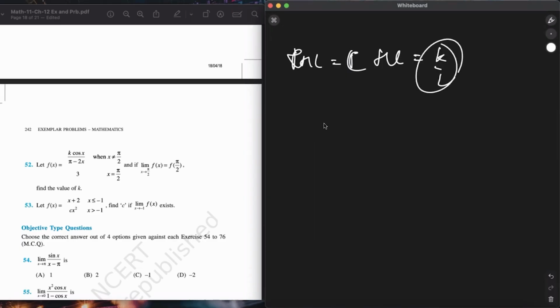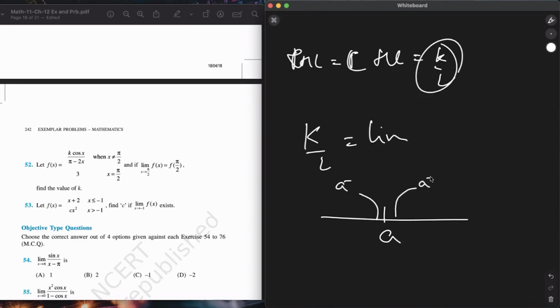Now, what can we do further? We can put in the value of k by 2 for x equal to pi by 2. Like from the sandwich theorem, we know that if we have to find the limit at some point a, and the limit at a minus equals the limit at a plus, then it will definitely be equal to the limit at a.